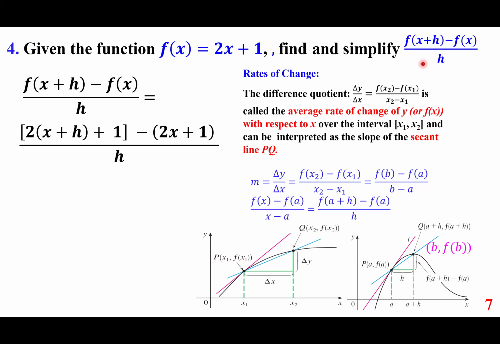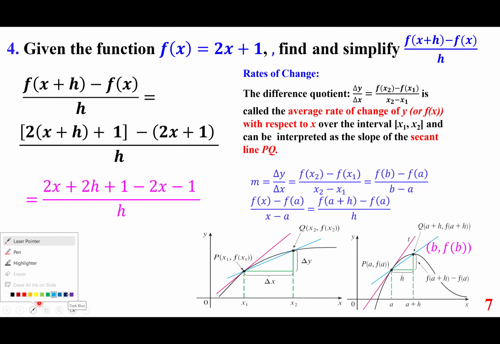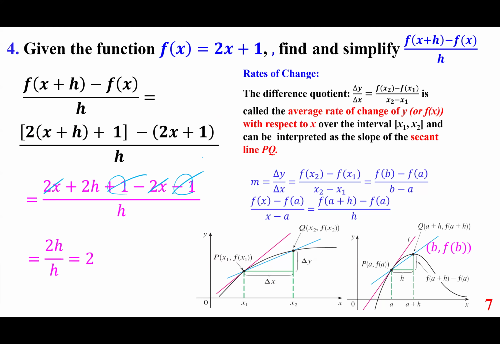And we're going to evaluate that. So let's distribute and we get 2x plus 2h plus 1 minus 2x minus 1. These two cancel each other. These two cancel each other. We get 2h over h, which is simply 2.